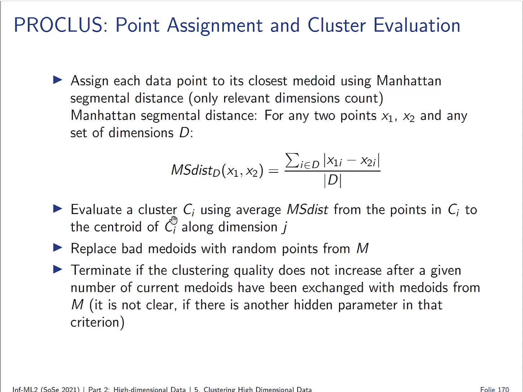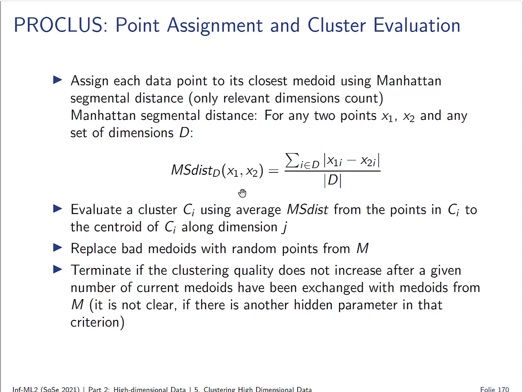Then we evaluate a cluster using the average Manhattan segmental distance from the points in the cluster to the centroid of this cluster I, along each relevant dimension J. So the optimization function, the cost function, also does not use the distance in the entire feature space, but the Manhattan segmental distance, which makes sense, of course.